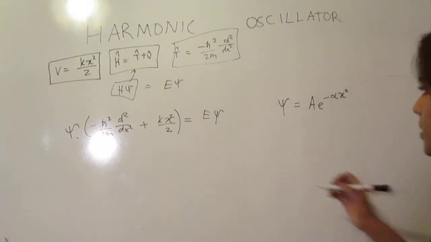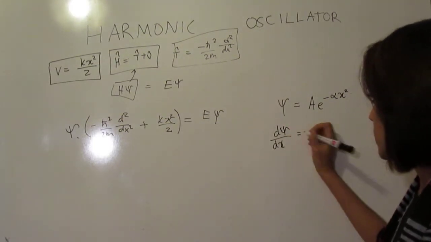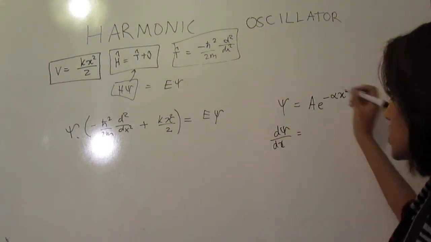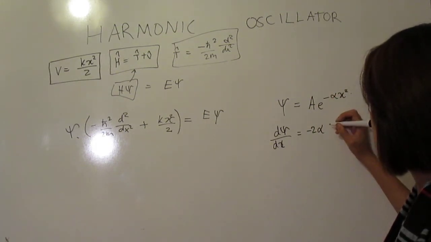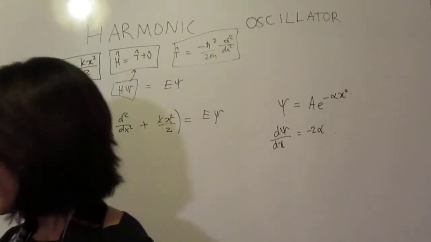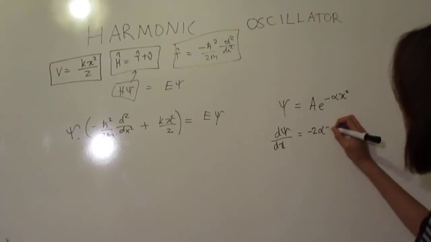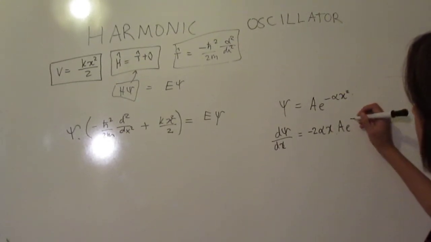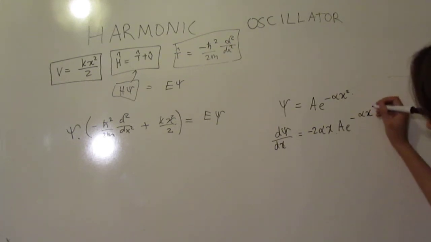The first derivative, d psi by dx, will equal just a normal derivative, minus 2 alpha x a e to the minus alpha x squared.